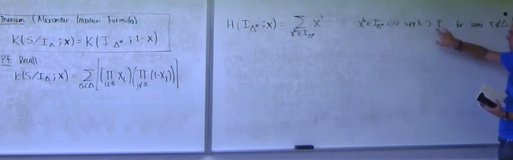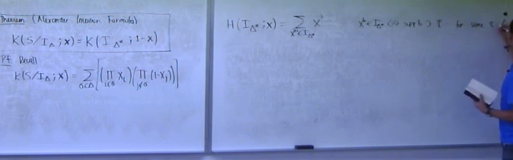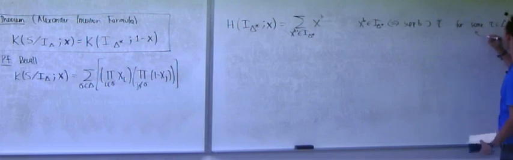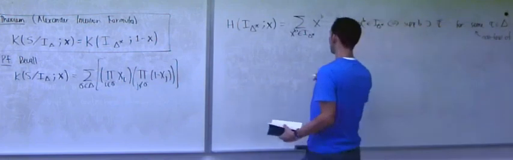You get to be a face if you look like tau bar, where tau is not in delta. So you're not a face if you're tau bar with tau in delta. These are the non-faces of the Alexander dual.